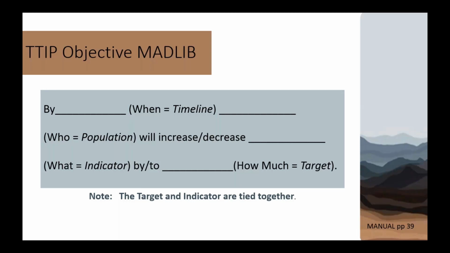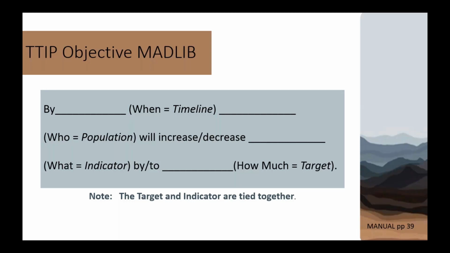Our tribe will plan, develop, and pilot a language curriculum. What I suggest you do is either wordsmith it to consolidate that all together, so you can change it to our tribe will implement a newly developed language curriculum, or you can consider splitting the objective into two separate ones, or three, whatever applies to you.